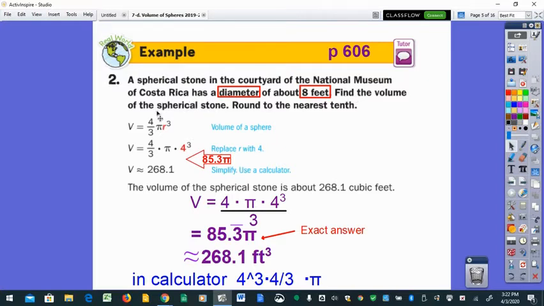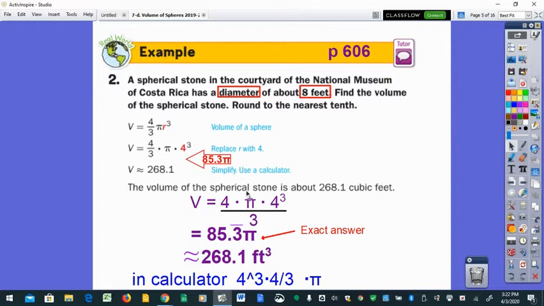Again, remember that we're not looking for a cone, we're not looking for a cylinder, we're looking for a sphere. So volume equals 4/3 pi r to the 3rd power. So the r leaves and the radius, not 8, but half of that, the radius of 4 takes its place.